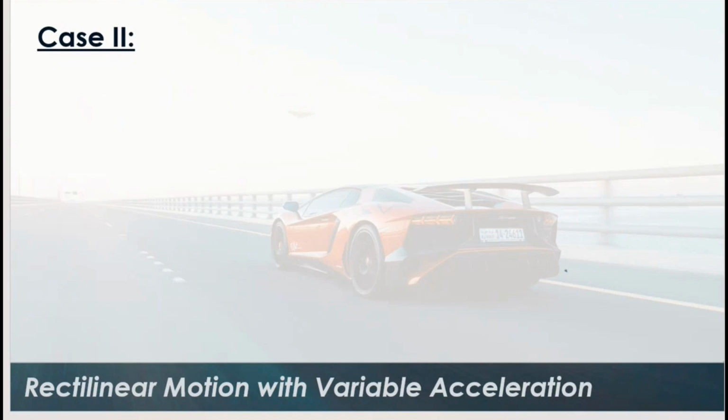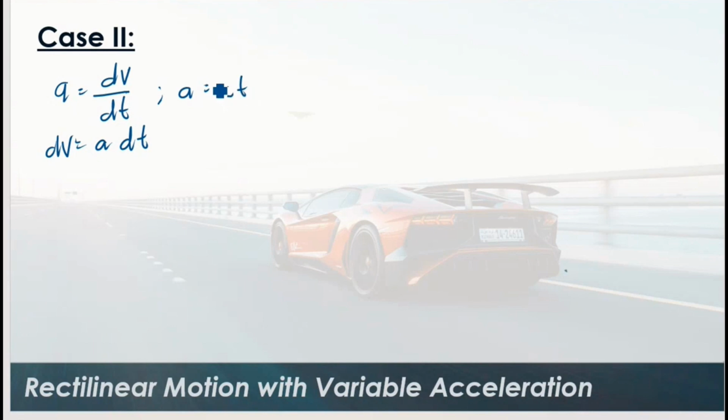To solve that, we have to remember from case 1 that a is equal to dv over dt. So therefore, dv is equal to a dt. And we have this equation, a is equal to 2t.